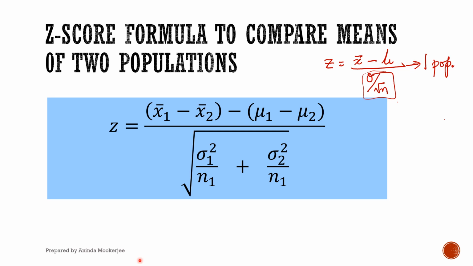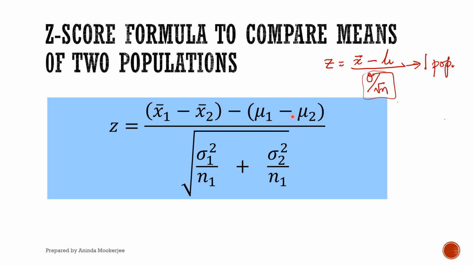However, now that we are working with two populations, again, we always look at the difference. We are dealing with difference between two means. So instead of just x bar, we will now have x bar sub 1 minus x bar sub 2, and then minus, instead of one mean, we will have the difference between the two population means.